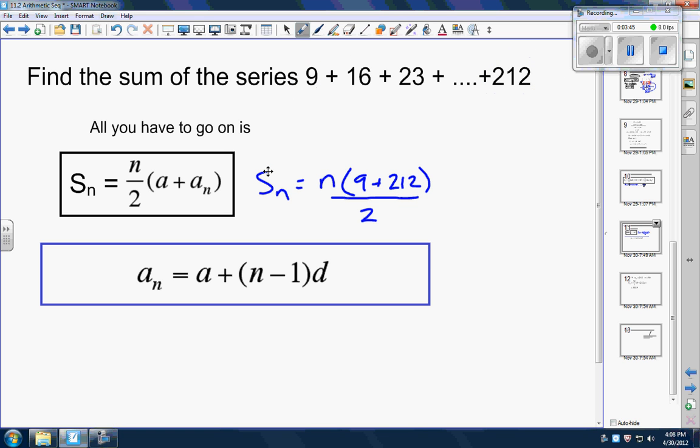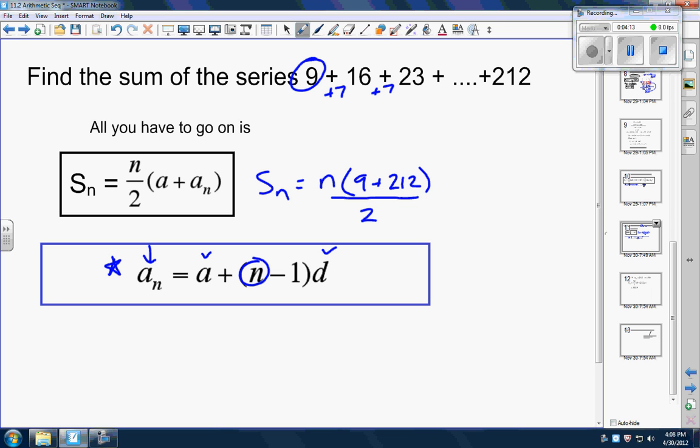Our other formula we used down here has an n in it, and it lets us solve for it. So looking at this, clearly we're going up 7. There's our difference. We have an a as our first term, so we should be able to pick anything we want for a sub n here.